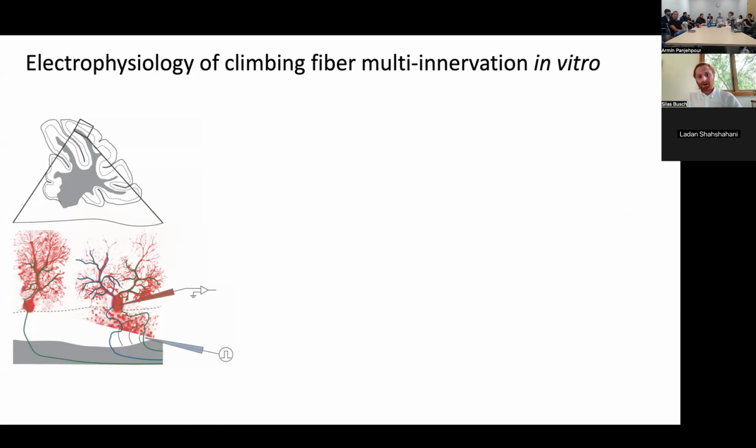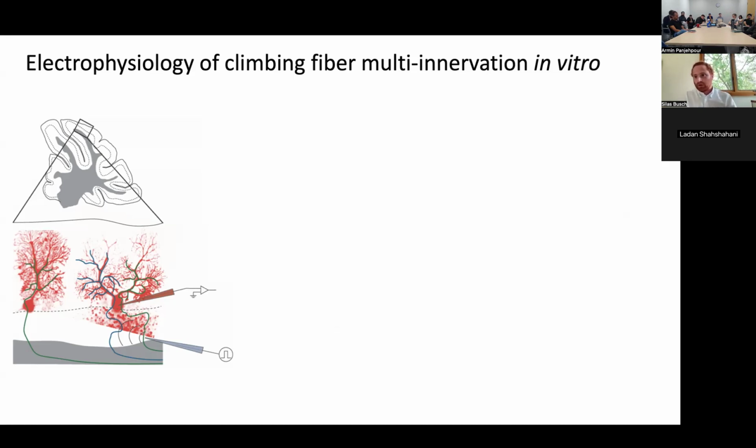Yeah, okay. Was it generally the case, or maybe you're going to get to this later, but was it generally the case or universally the case that when there were two, that they hit different branches? So all but one study that I'm aware of where you can find hints and evidence that there might be multi-innervation, we're using this slice technique that I'm about to describe.